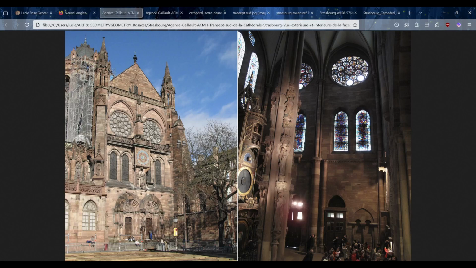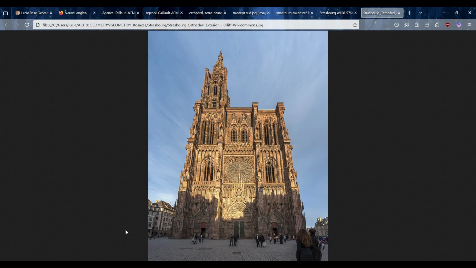So the plan today is this. This is the side of Strasbourg Cathedral. If I find the front, the facade is this one.